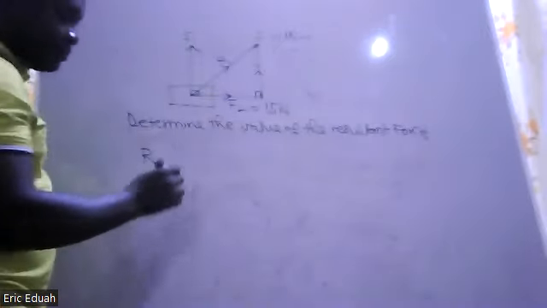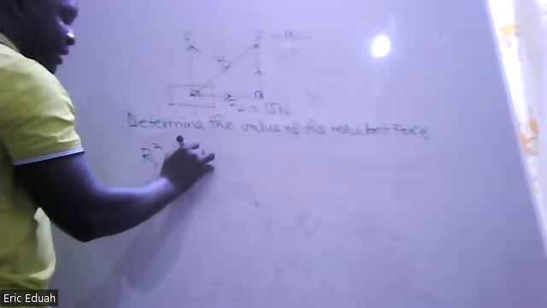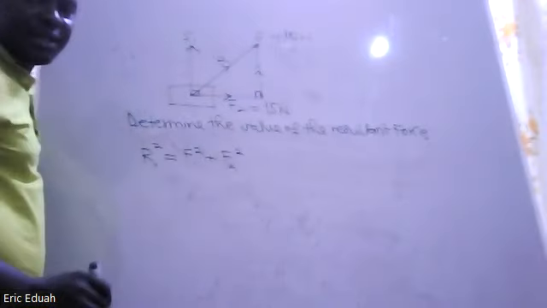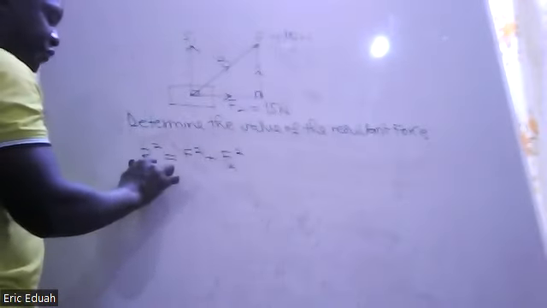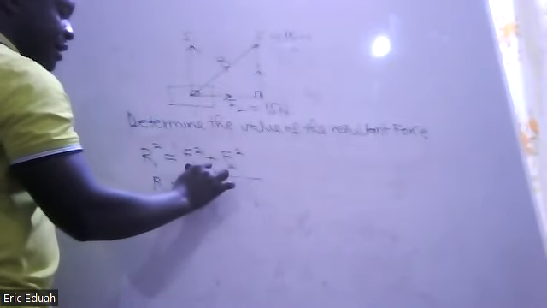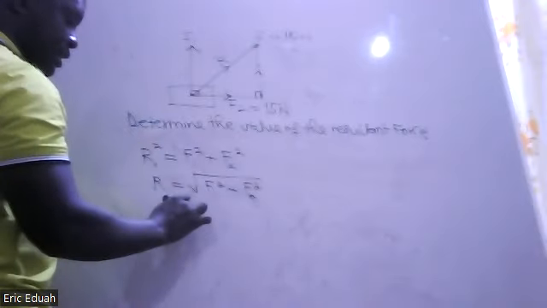18.03 Newton. Okay, so this R squared is equal to F1 squared plus F2 squared. R therefore is equal to the square root of F1 squared plus F2 squared.